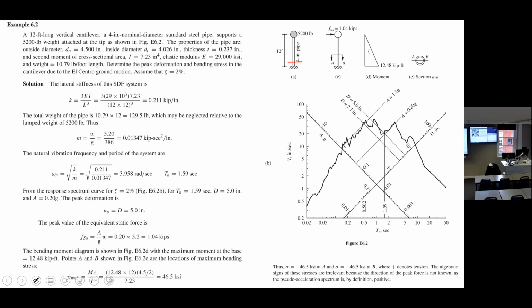The thickness, this is T. And the second moment of inertia, we have I, although you can calculate it with the diameter and T. The elastic modulus is this one, it's steel. And the weight is this one.